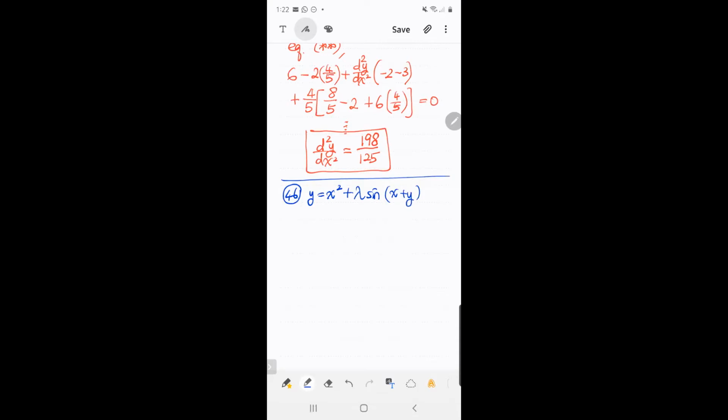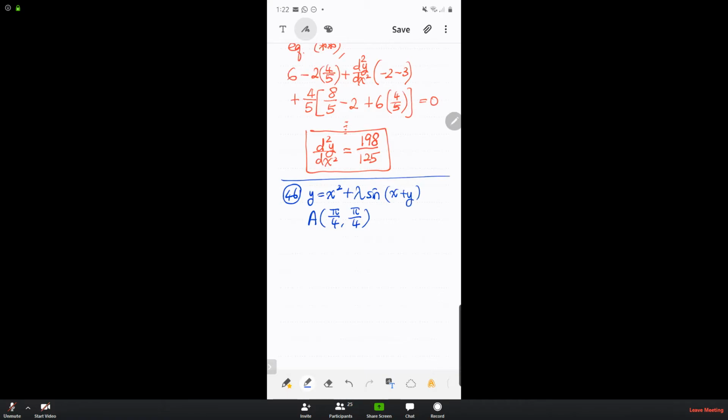Okay, so they told you lambda is a constant and it passes through the point A, pi/4, pi/4. So it passes through this point A. This is the given information.